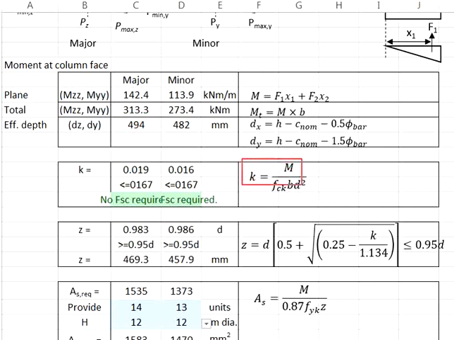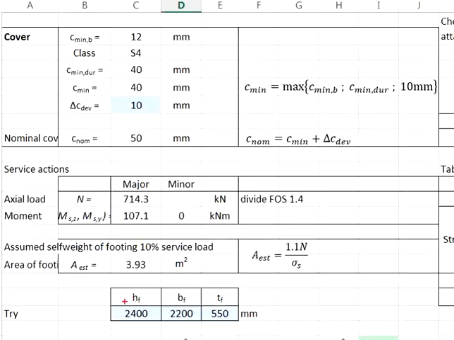If you calculate the K for the minor axis, use the moment in the minor axis. fck will be the same, which is 30. Your B now will be 2.4 meter.